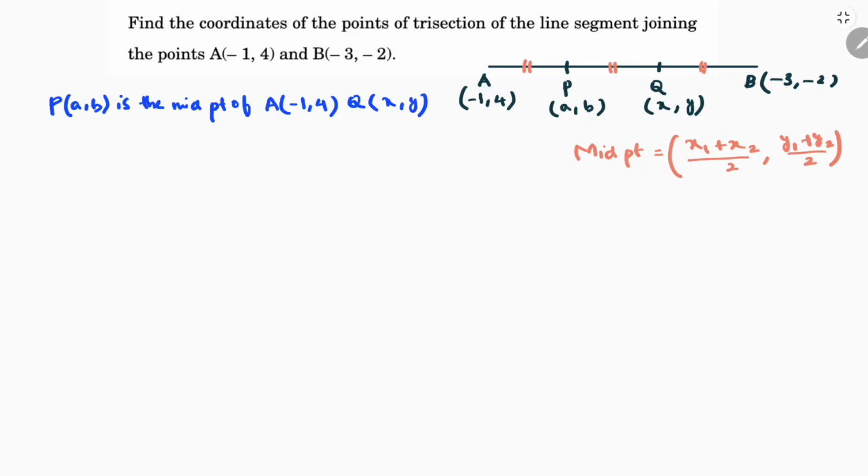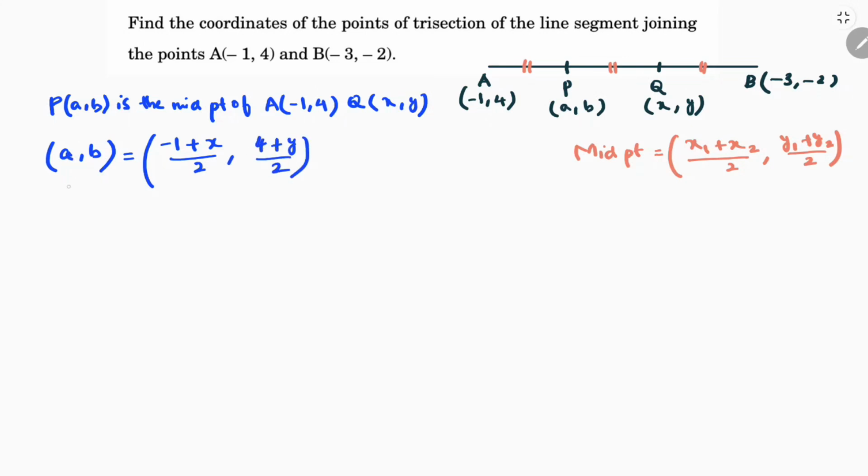So now here P, that is (a, b), equals ((-1 plus x) by 2, (4 plus y) by 2).